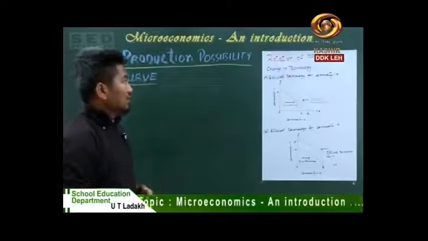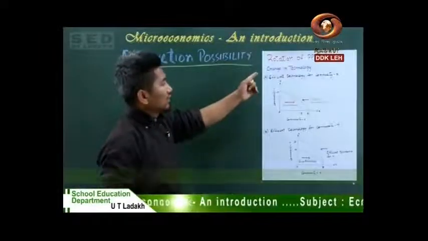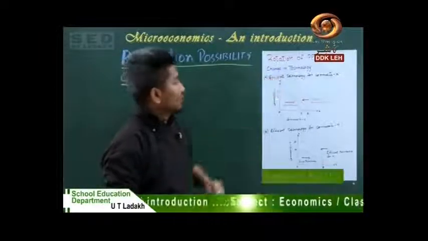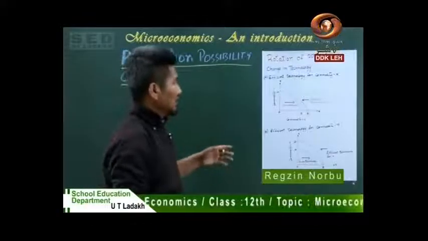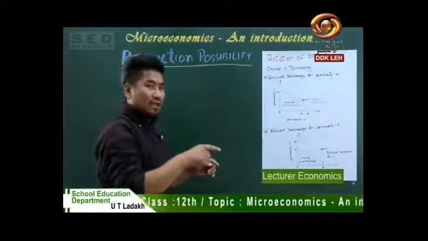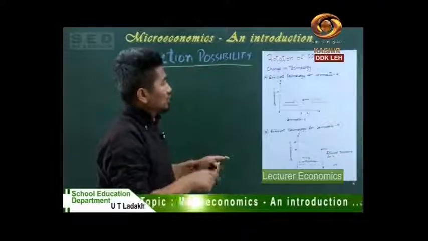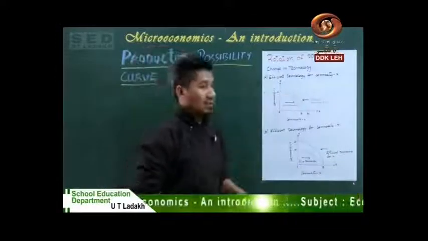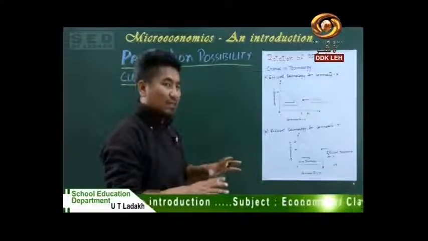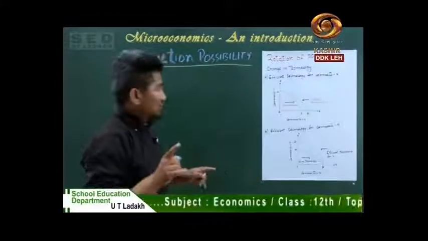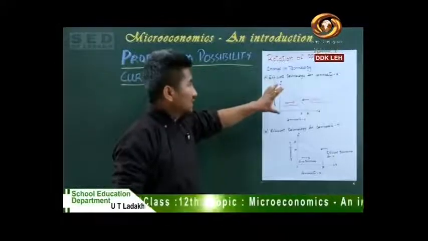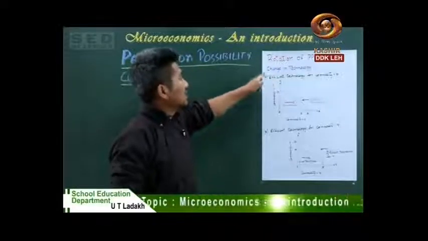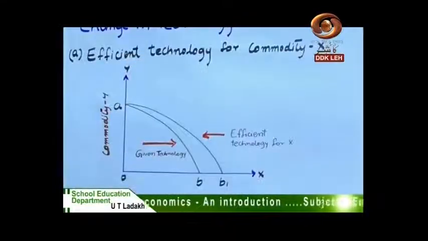Okay. Now we'll move towards the rotation of the production possibility curve. The production possibility curve rotates clockwise and anti-clockwise due to change in the technology. Resources remaining the same. Here you must note one point, that the resources do not change. Here the change occurs due to change in the technology.